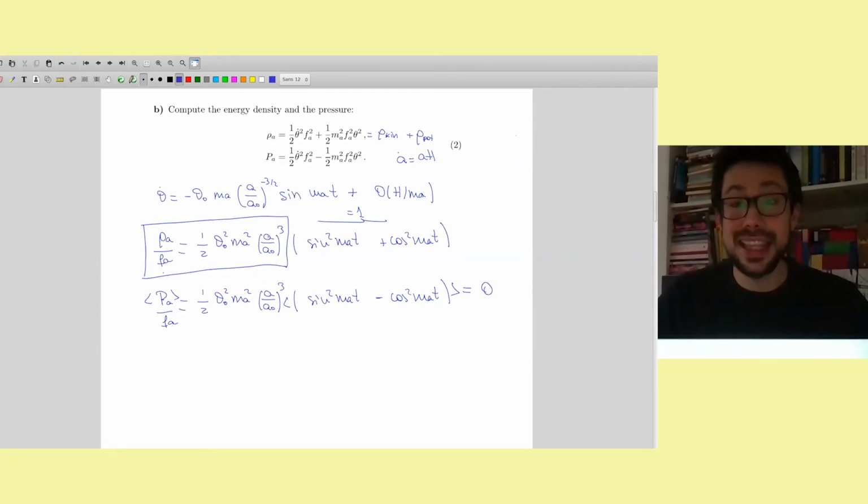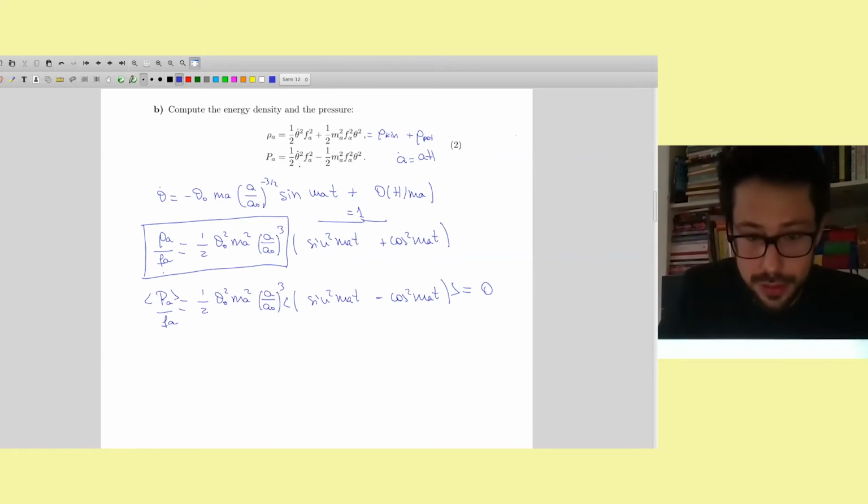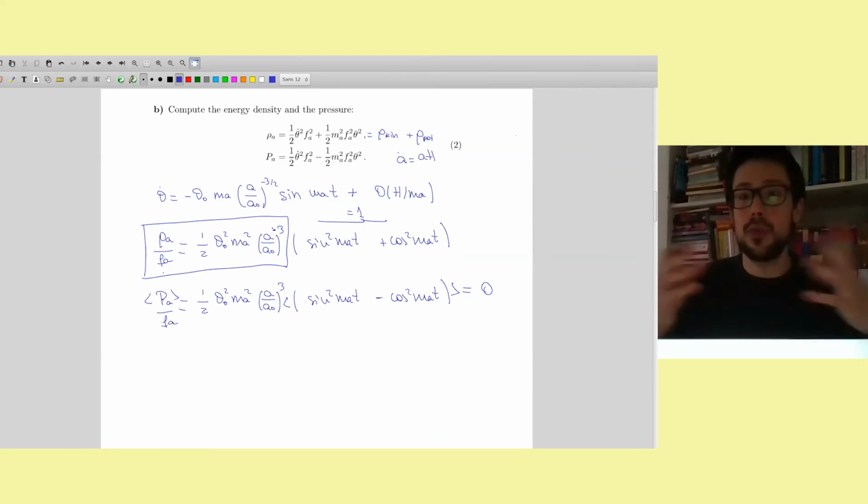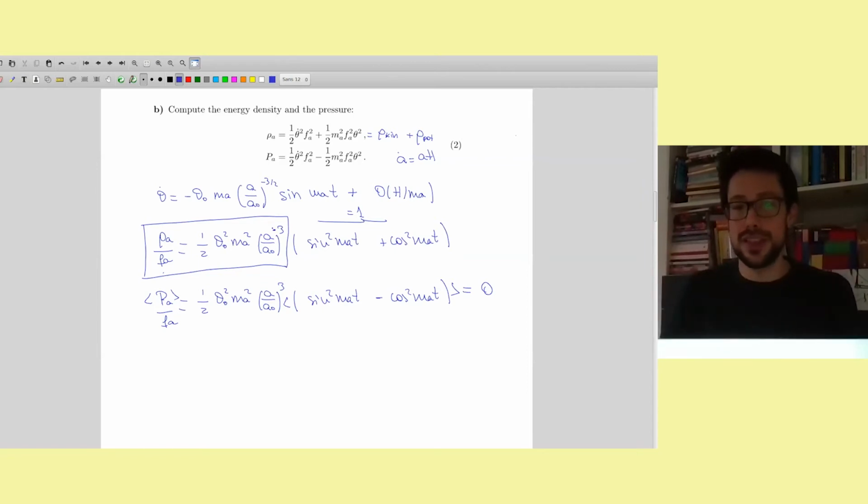And moreover, it dilutes, oh, by the way, this was also another typo, this would be minus, that we have here. So it has no pressure, and it redshifts as non-relativistic matter, like a⁻³, in the same way that if you have a number of balls, the density, when you increase the size, goes down with the cube of the size.